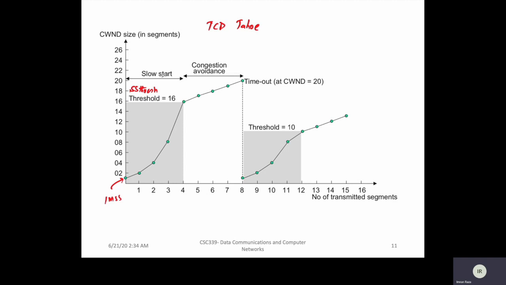So this phase represents the slow start. After reaching the threshold, we will be increasing the congestion window size linearly, I mean additively. This means we are in the congestion avoidance phase, right? This is additive increase.